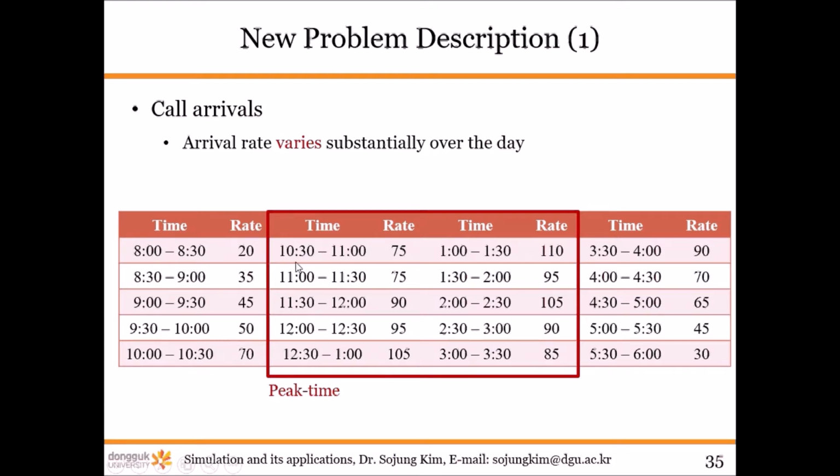However, from 10:30 until 3:30, it's a high arrival rate of incoming calls. After that, it is still high, but after 4:30 p.m. we have a lower arrival rate of incoming calls. Okay, so the time around noon is a peak time.